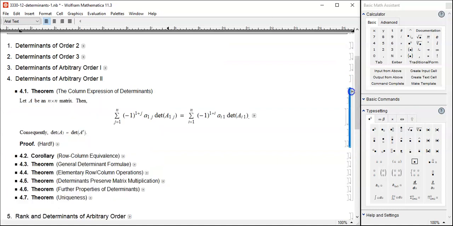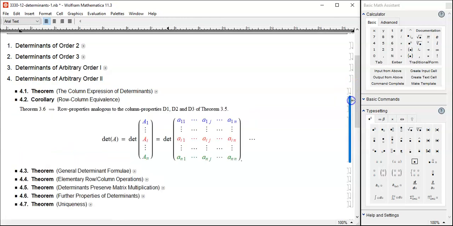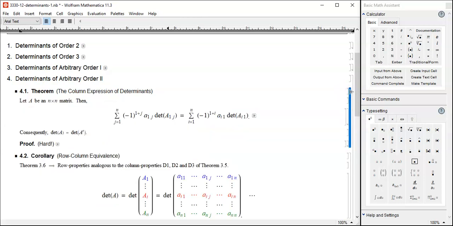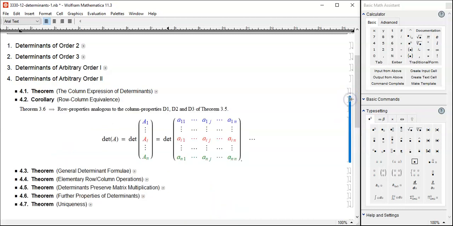There are a lot, but most of them we already considered. We can do the determinant computation using columns as well as rows. And then row-column equivalence. Because the computational formulas are identical, either column or row makes no difference.